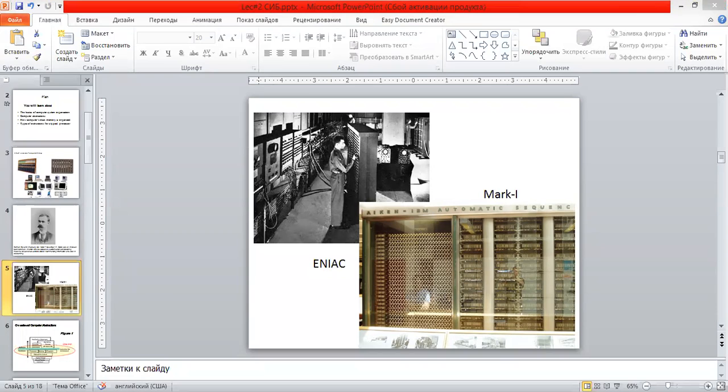A variety of computing research projects were undertaken at Princeton University, Harvard University, and the University of Pennsylvania. This resulted in room-sized computers such as the Mark I through Mark IV and the ENIAC, all of which used vacuum tubes. Do you remember what are vacuum tubes?